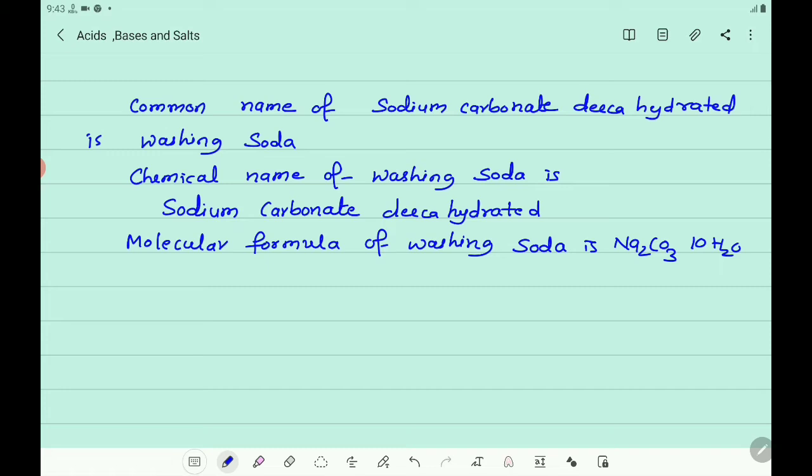Here it is hydrated, it is wet. Know what 10H2O signifies? It makes Na2CO3 hydrated.